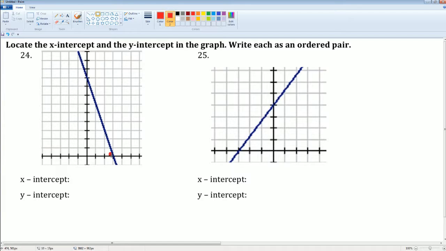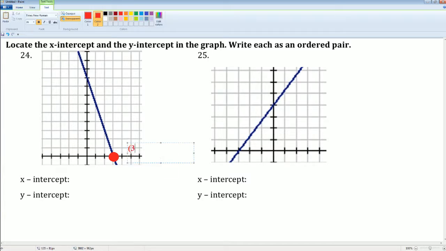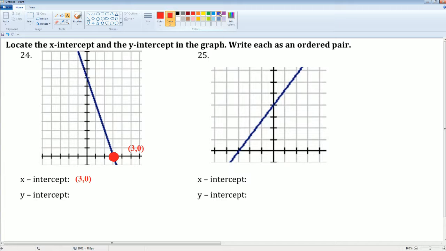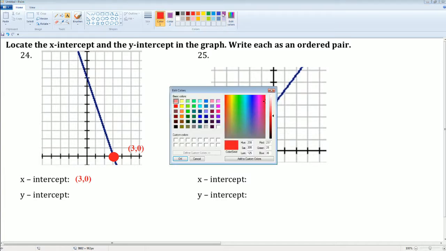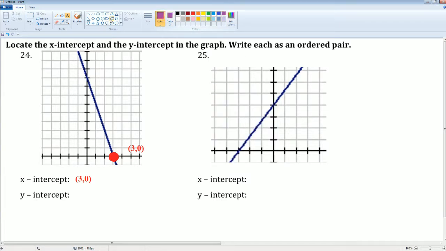That looks like it's crossing the x-axis right there. That looks like the point 3, 0. And that is purple, so I'm going to make that purple. Put the dot at that point there.